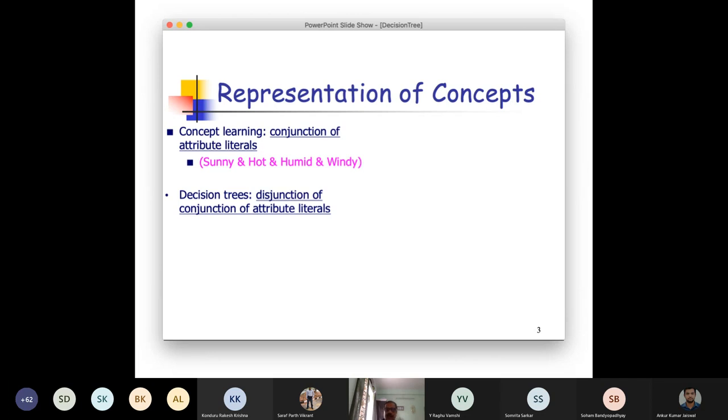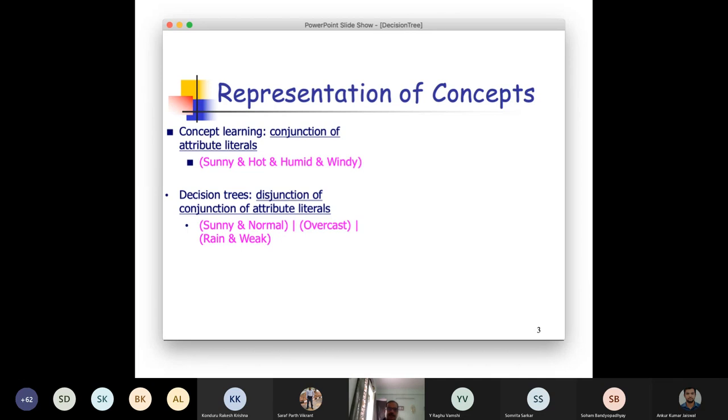In that case we call the hypothesis space complete, because any target concept is included in that hypothesis space. In this form we are allowing disjunctions of conjunctions of attribute literals. When we have this kind of form, we know that this will have the power of expressing any Boolean expressions.